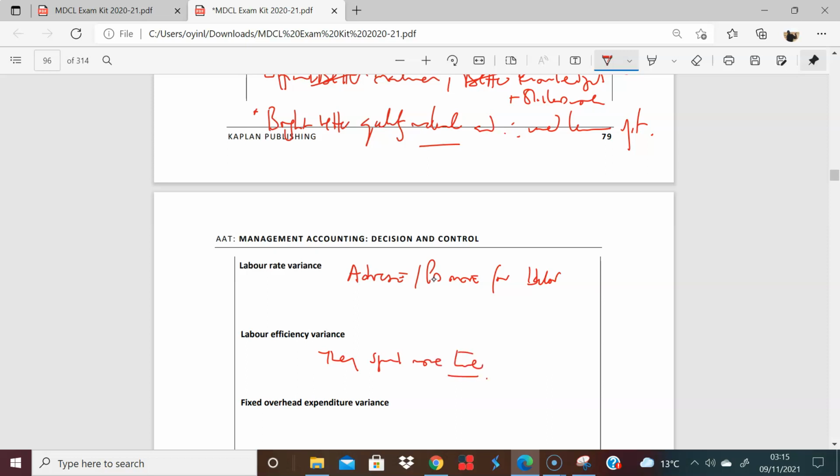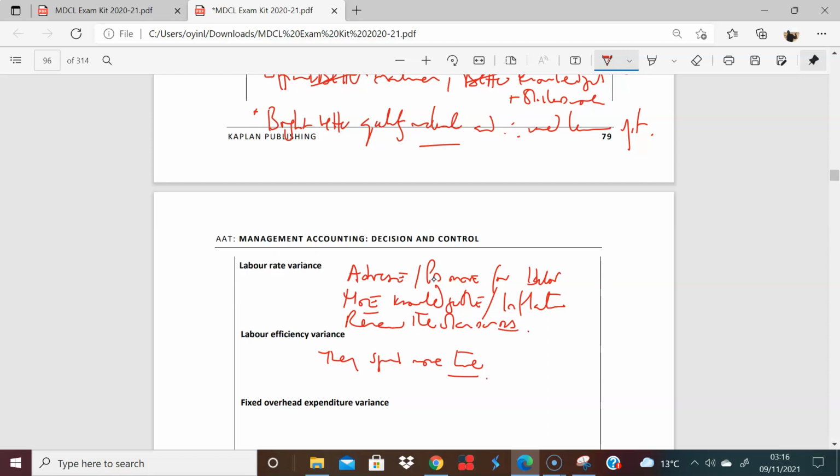Usually when you pay more for labor, you could argue that the labor are more knowledgeable. Maybe there's been some government regulation, maybe there's been some inflation, so maybe we need to review the standards. Maybe we didn't get that right in the end, right?